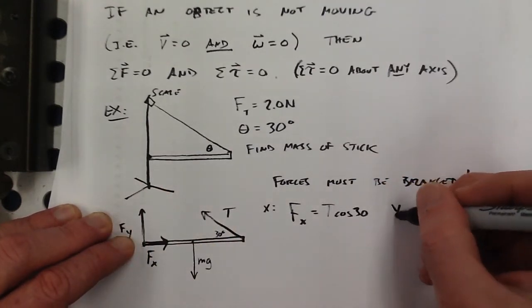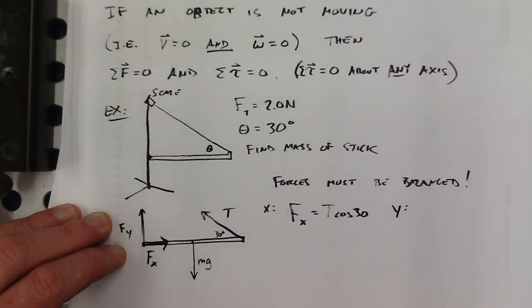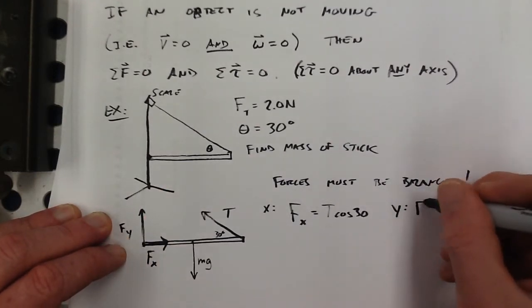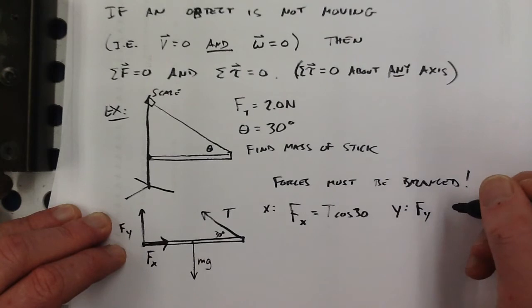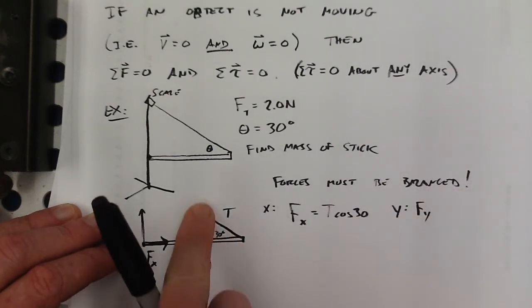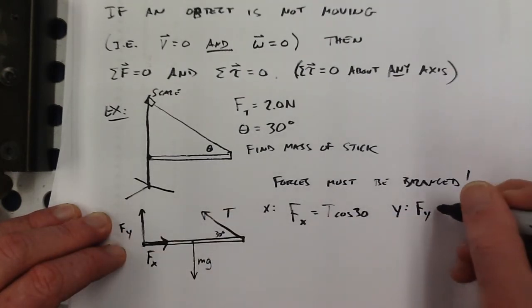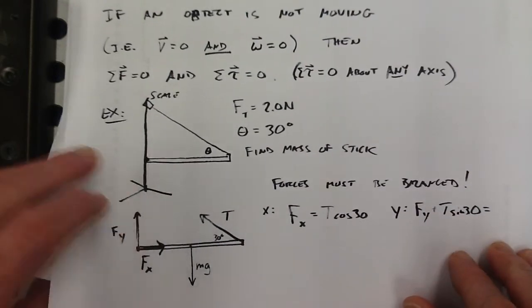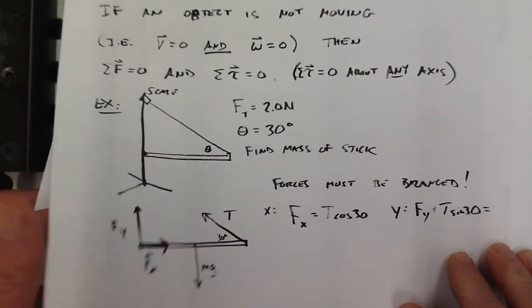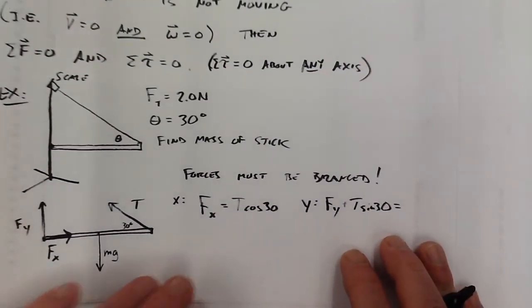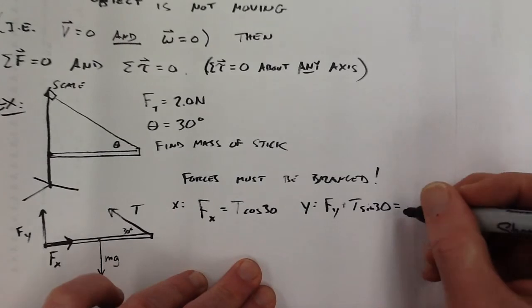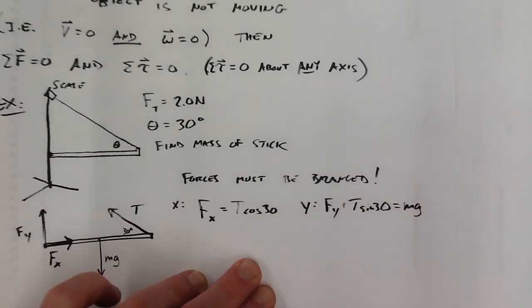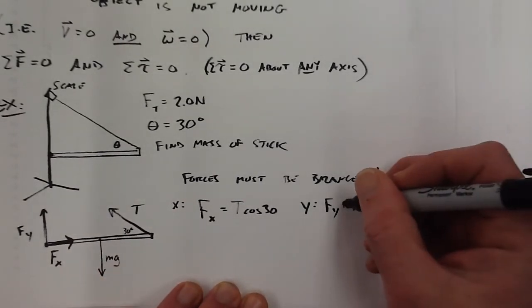And in the y direction, ups would have to equal downs, so it would have Fy plus the other up would be T sine 30, and that would be equal to mg. All right, and then it's off to the races, right?